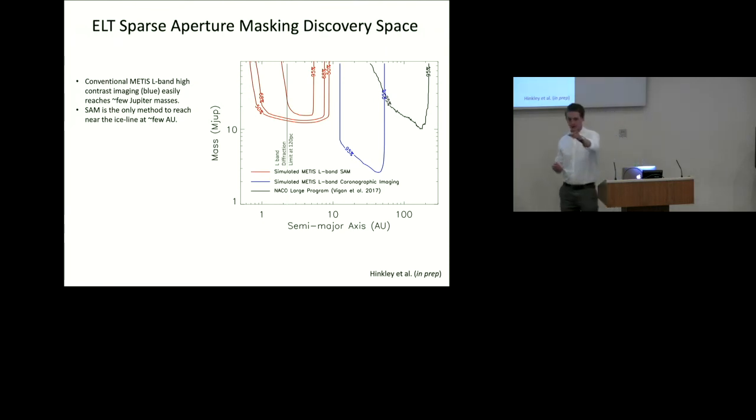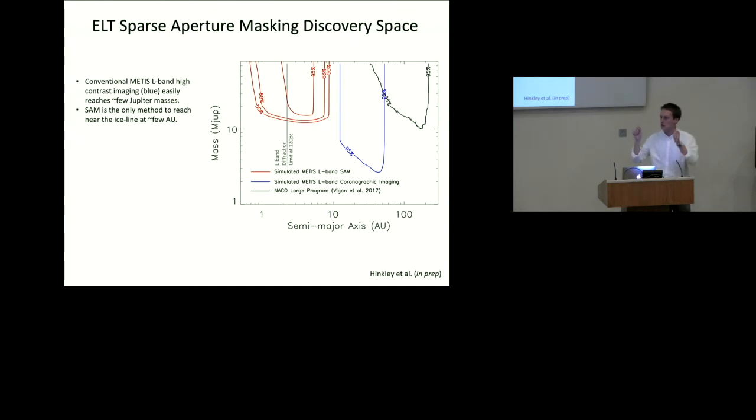Boy, there are people in the audience that could answer this better than I could, but essentially, in a full aperture, you've got a lot of short baselines that are degraded. Sure. But you get a factor of 2 from the sparse aperture mask, and so I'm just wondering how you get a full factor of 4 or 5. I guess you'd have to look at how the baselines in your sparse aperture masking contribute.